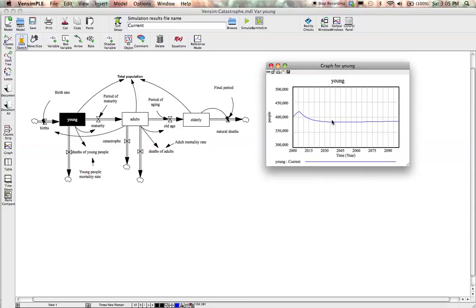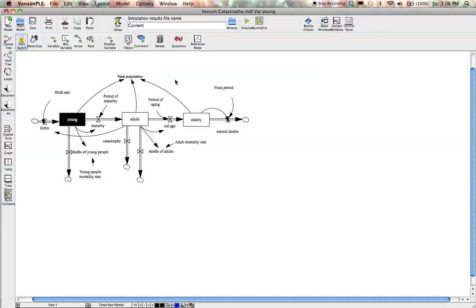The effect disappears, and then this sort of plateaus out. It started at 400,000, remember; the young end up being less than that. So the lasting effect of this catastrophe is that the young population never quite recovers. Okay, and so the effect keeps going on.